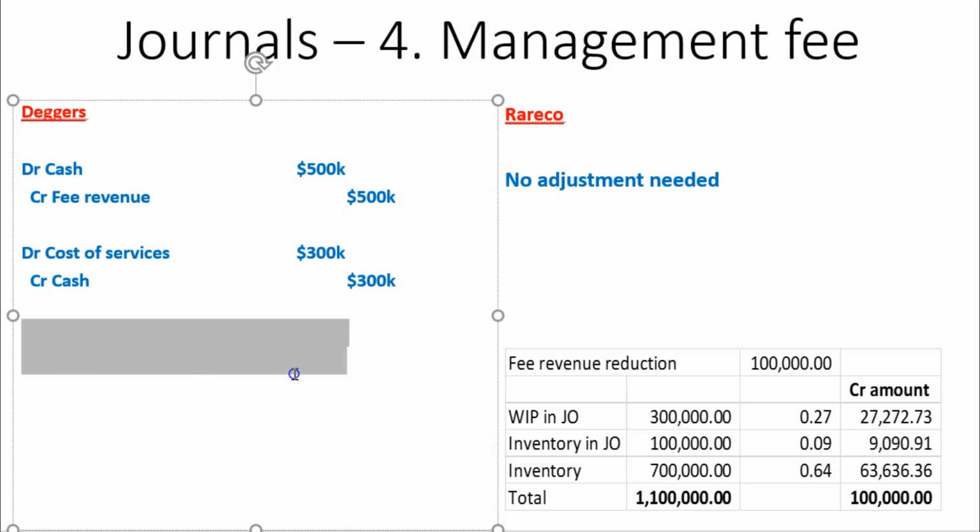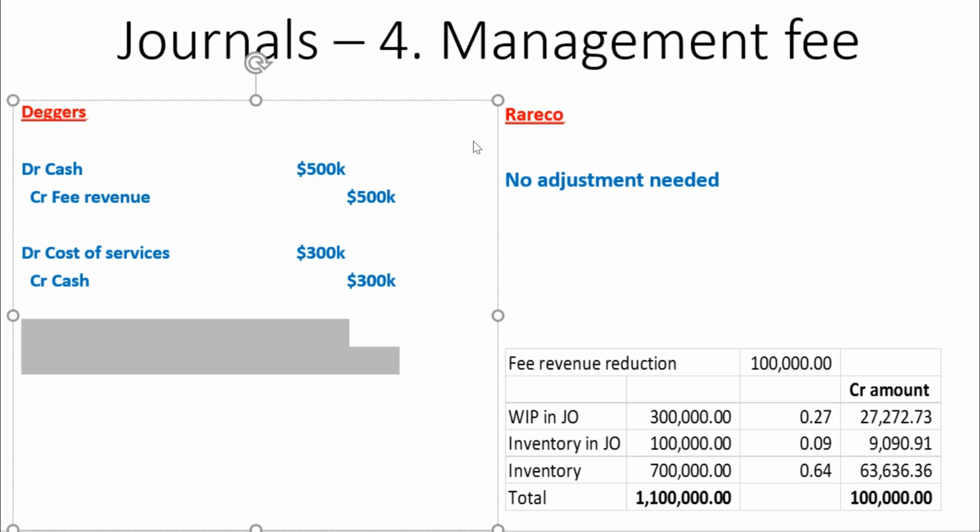But as I have explained, we know that Deggers only believes that they're actually providing $250,000 worth of this service because that is the amount that they're providing to RareCo. The other $250,000 amount, well, it's not really fee revenue because they're just providing a management service to themselves.